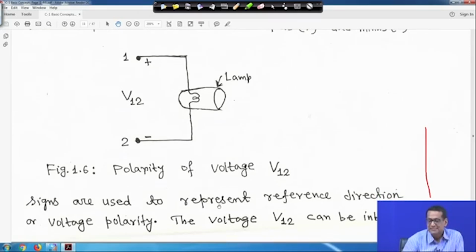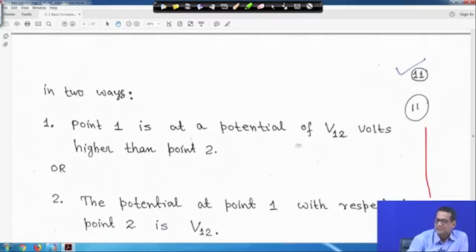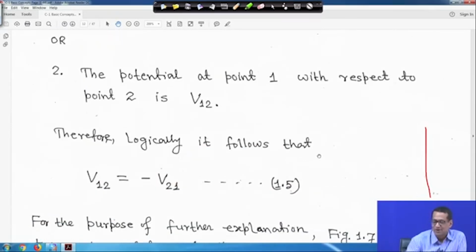So, this is the concept of plus and minus. Therefore, logically it follows that V12 is equal to minus V21.